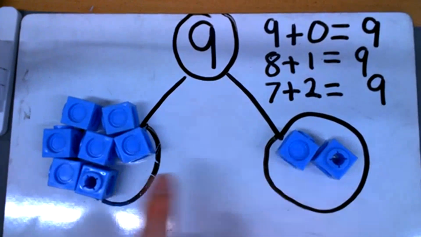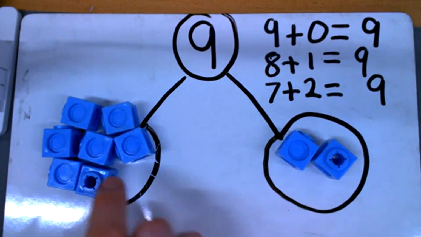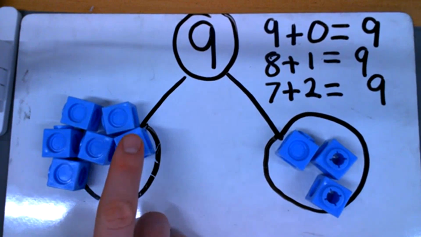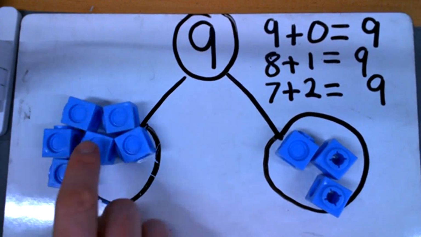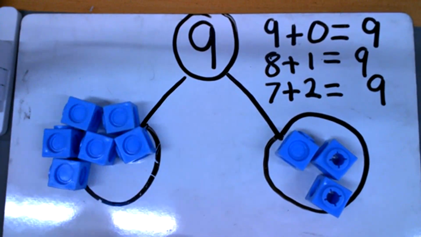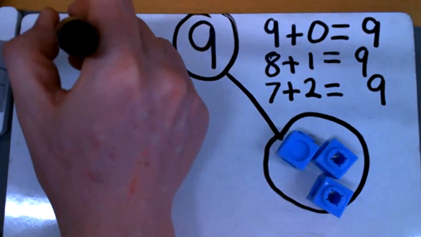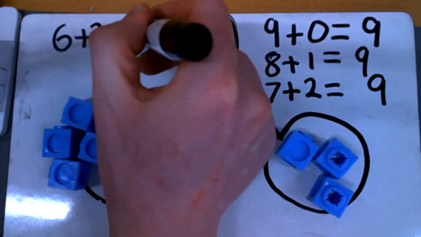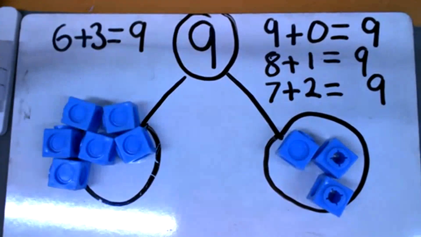I'm going to move 1 from here into here. Off we go. There we go. So now we have got how many over here? 1, 2, 3, 4, 5, 6. And how many have I got over here? 1, 2, 3. So I'm going to put here 6 plus 3 equals 9.